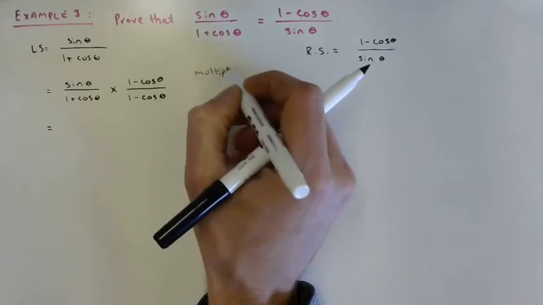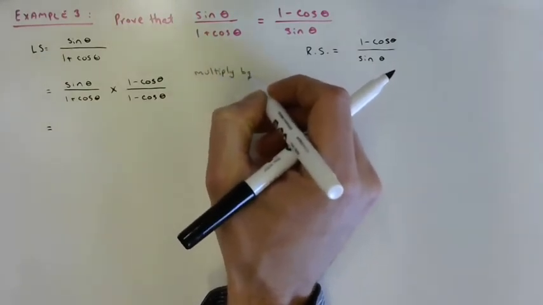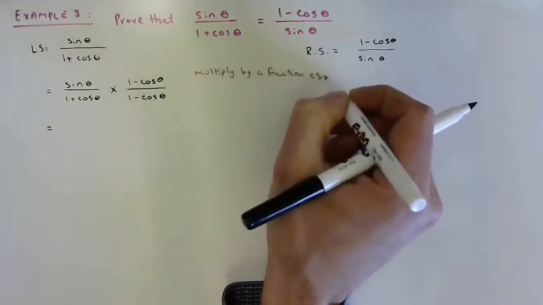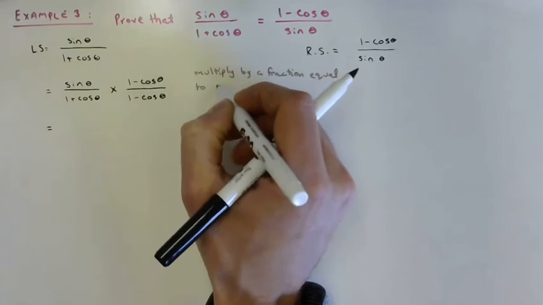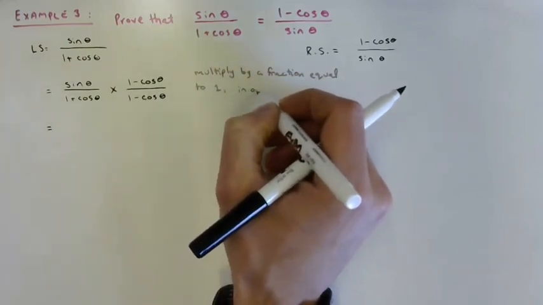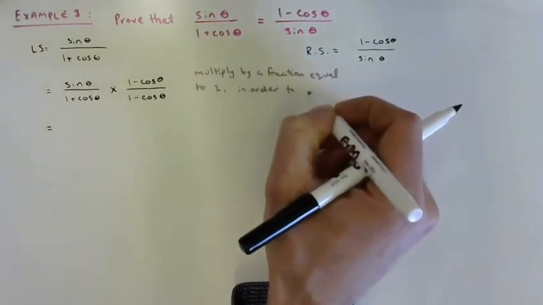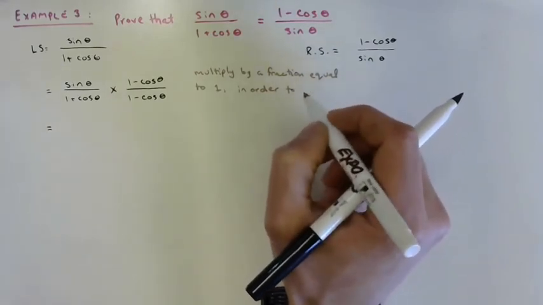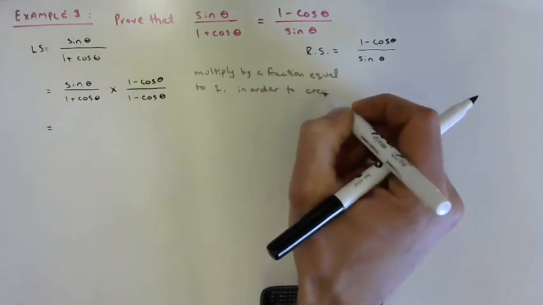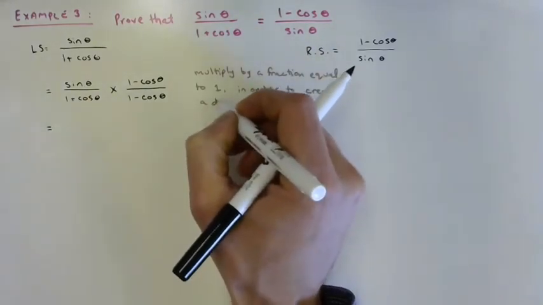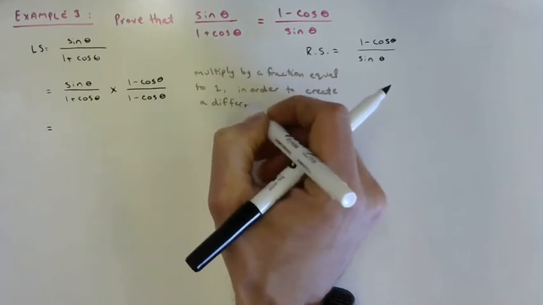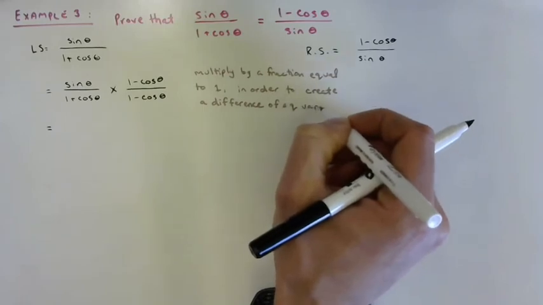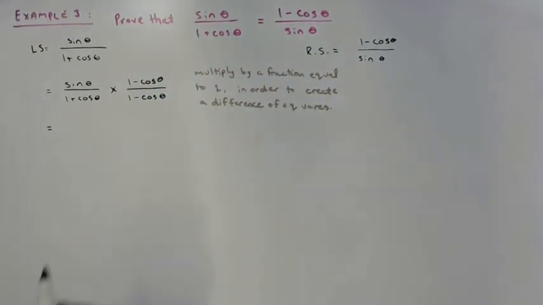Multiply by a fraction equal to 1 in order to, let's say, create a difference of squares. And the point of that is so that we can use Pythagorean identity.